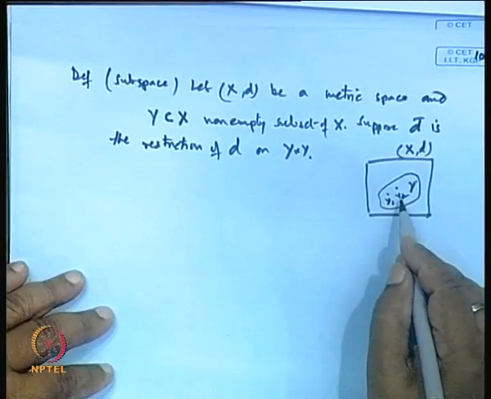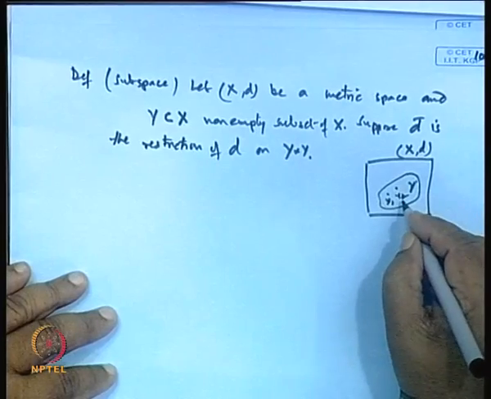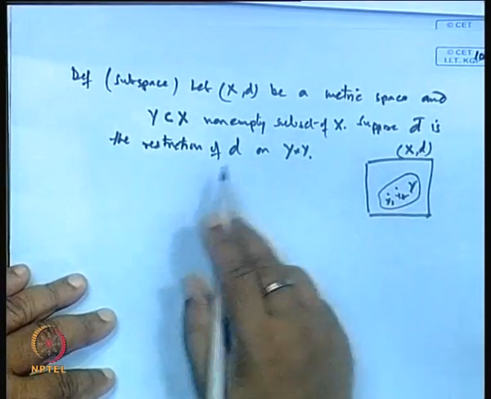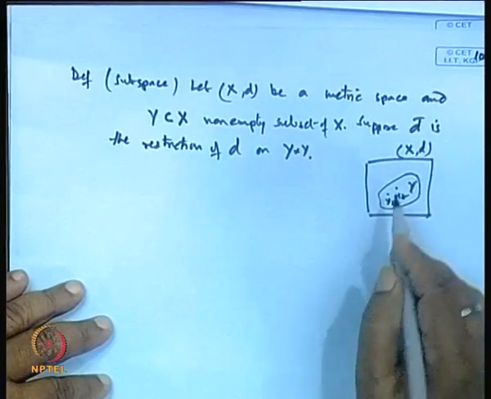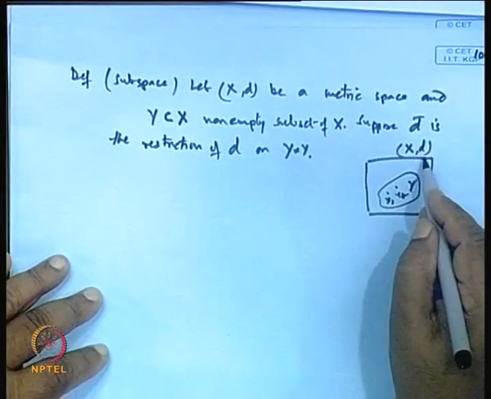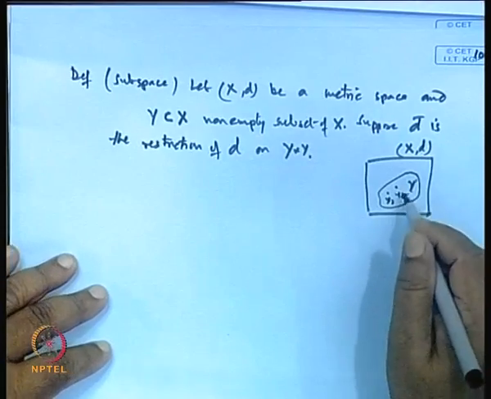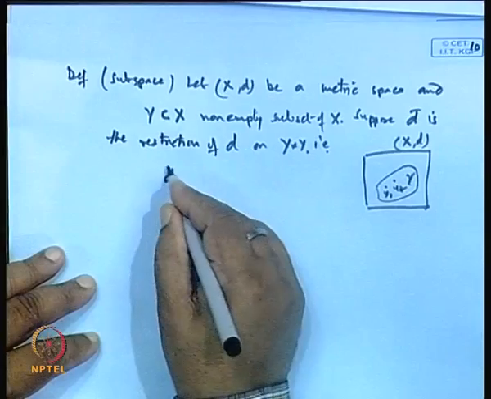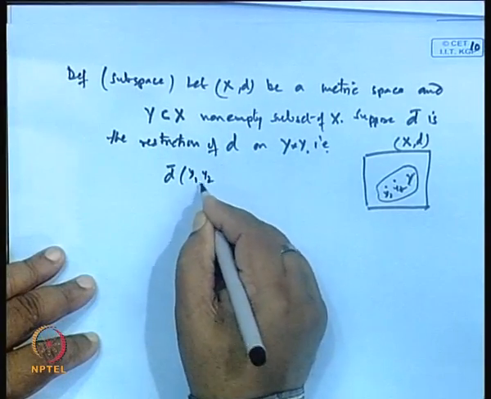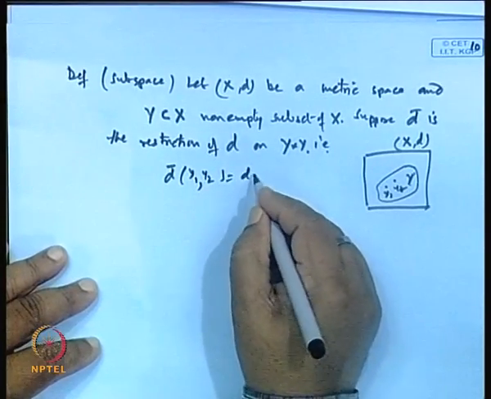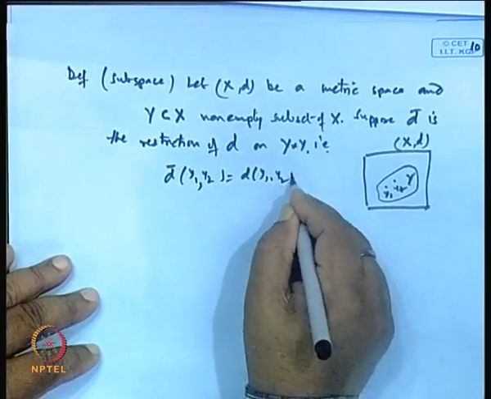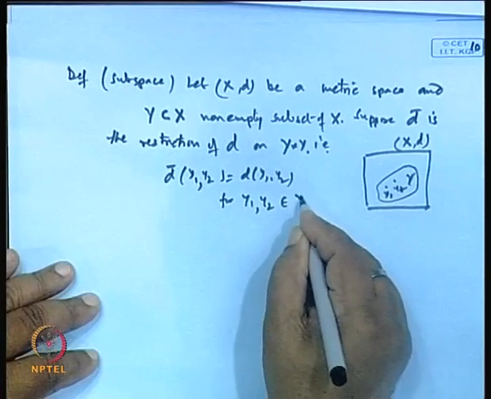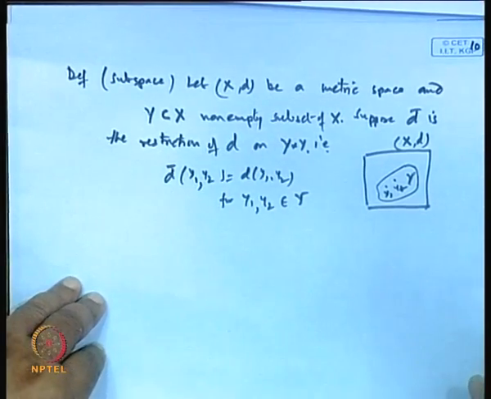Now, when we choose the points in Y, and the distance between y1 and y2 under the metric d bar is the same as the distance under d, then we say d bar is the restriction of d, that is d bar of y1, y2 is the same as d of y1, y2 for y1, y2 belonging to capital Y.